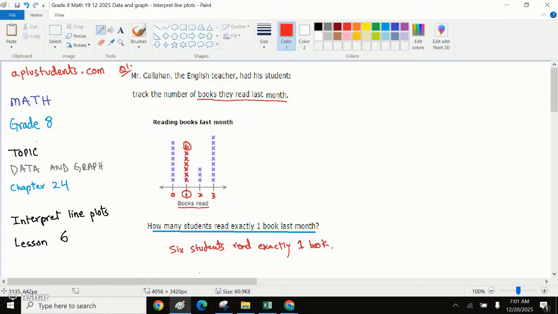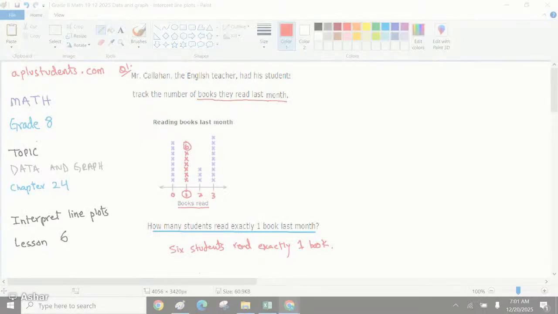Okay. So what we need to do is look at the graph and count the number of crosses so that we will know the exact answer. Okay. It looks easy. It is easy. Let's move on to the next one and let's see what we can do with the next one.